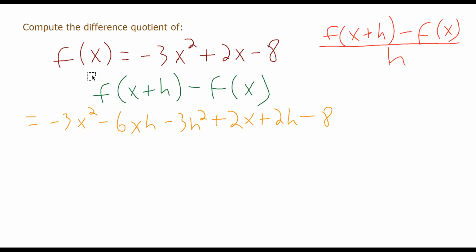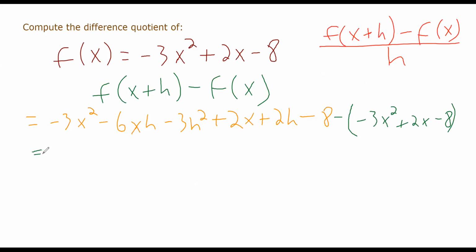But the beauty of that, we just found f of x plus h to be this whole nasty monster. Now what we've got to do is subtract off the original f of x, which was negative 3x squared plus 2x minus 8. We've got to subtract the entire thing. So I put it in parentheses.